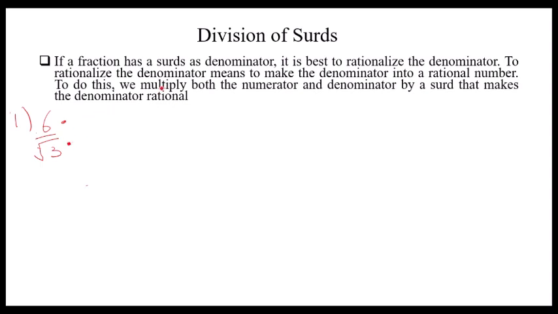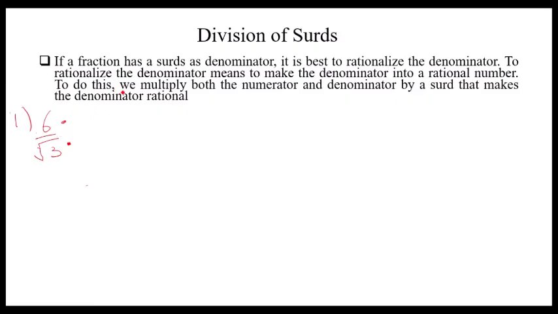So if a fraction has a surd as a denominator, like this, it is best to rationalize the denominator. To rationalize the denominator means to make the denominator into a rational number. The denominator at this stage is an irrational number because it's a surd. So our goal is to make this denominator a rational number.